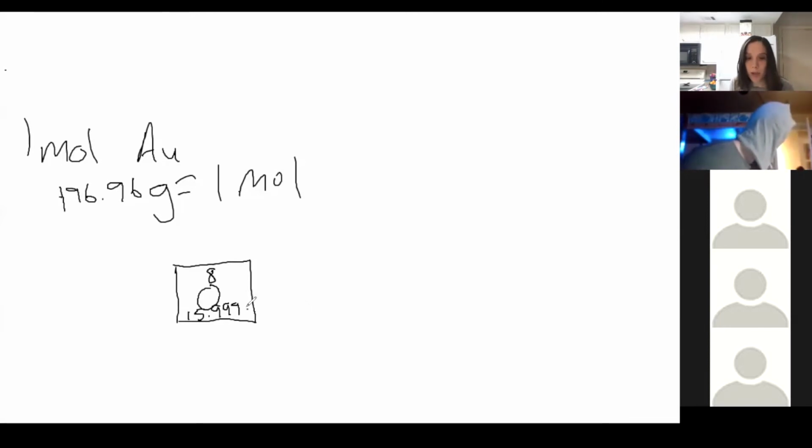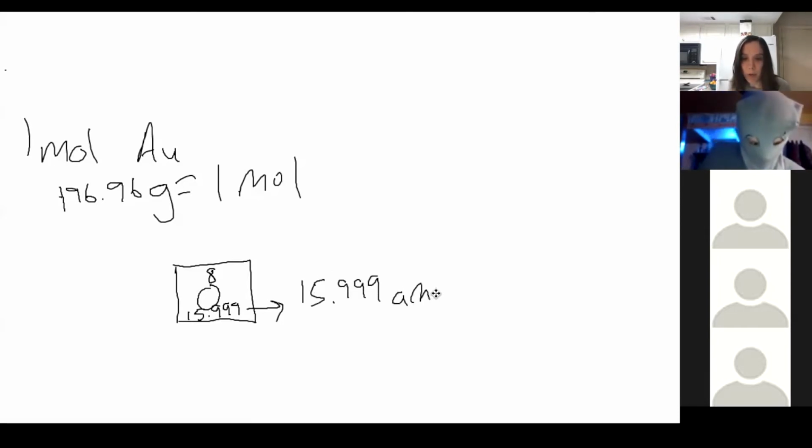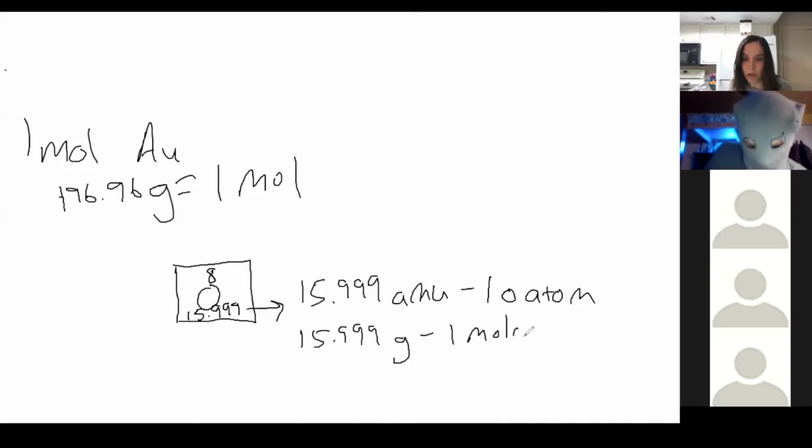But this also tells you the mass of 1 mole of oxygen. So it's 15.99 AMU for the mass of 1 oxygen atom, but it's also 15.99 grams for 1 mole of oxygen.